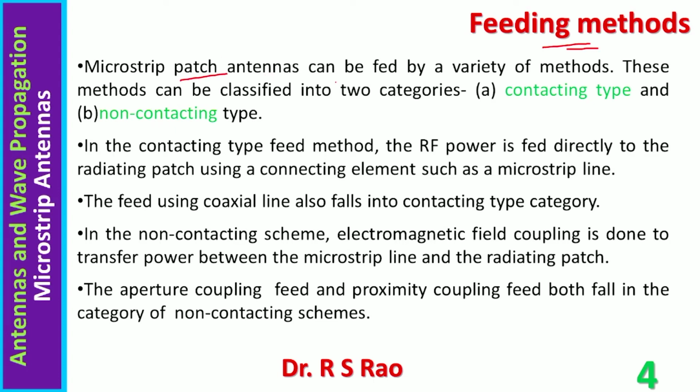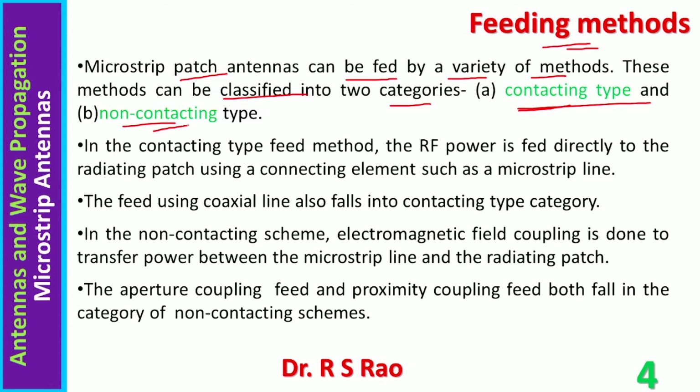Microstrip antennas or patch antennas can be fed by a variety of methods. These methods can be classified into two categories: contacting type and non contacting type. In the contacting type feed method, the RF power is fed directly to the radiating patch using a connecting element such as a microstrip line.